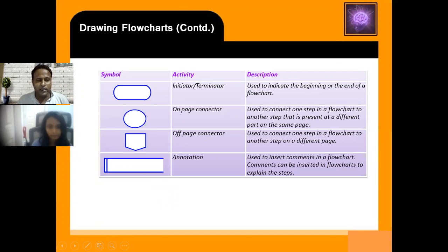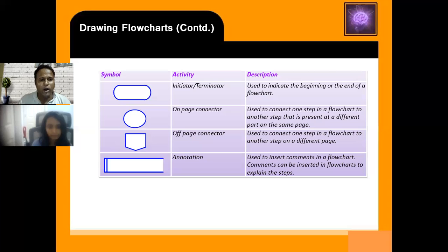What is an off-page connector? Suppose you have a question paper, and a question is written on page 1 and continues to page 2. At the end it shows PTO, which means half of the question is present on the next page. It shows please turn over, and then you have the remaining part of the question.